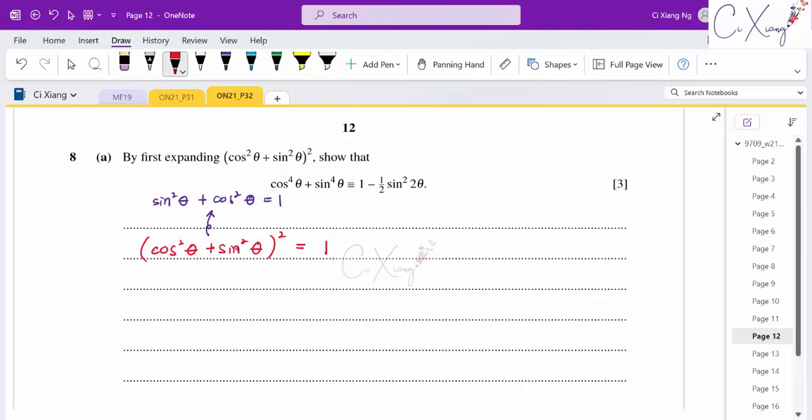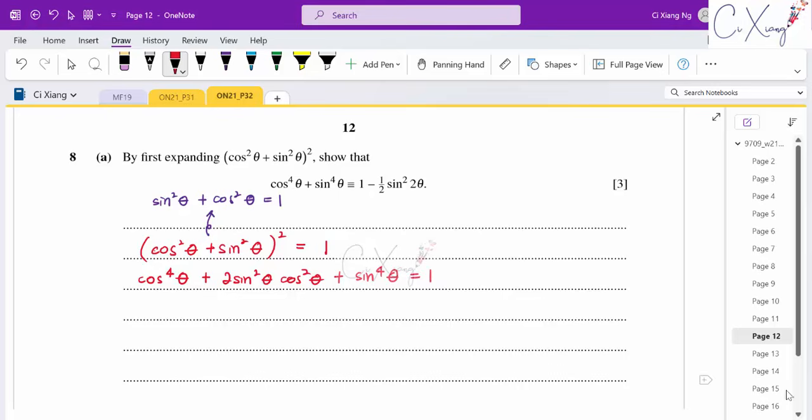Okay, all right, so you need to let this whole thing equal to 1 first because of the identity here, you can see very clearly. And after that, I want to expand the bracket. So to expand the bracket, you just expand it like you expanded quadratic form equations before, right? So I'm having cos power 4, then plus 2 sine square cos square, then plus sine power 4 theta equals to 1.